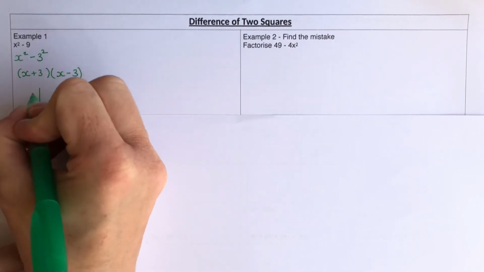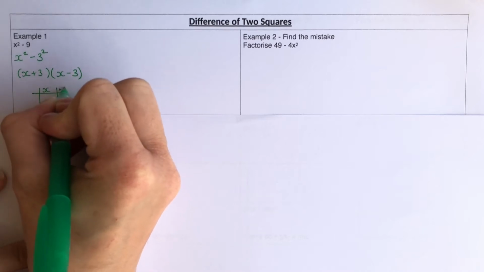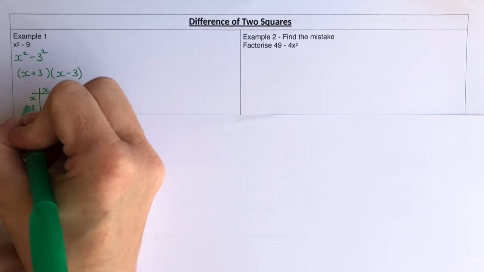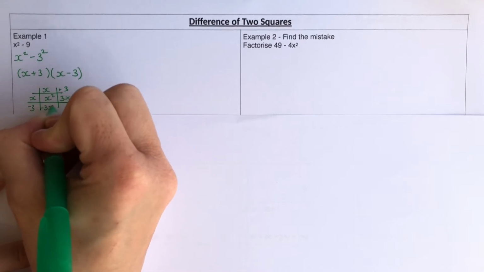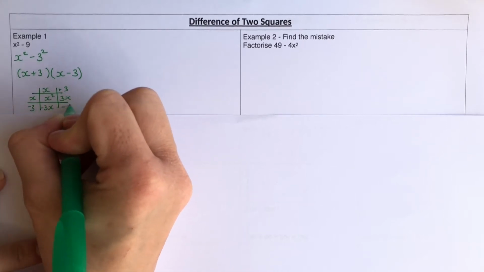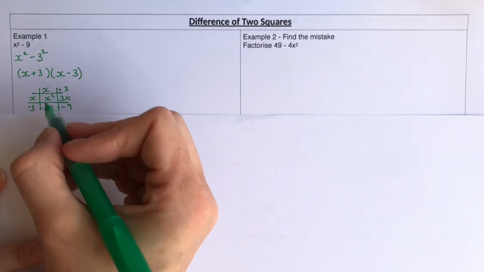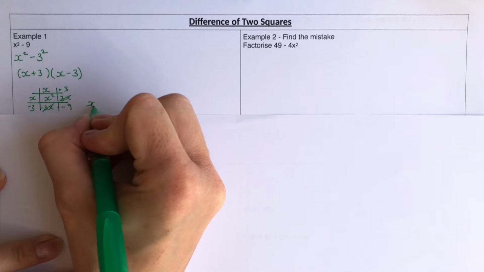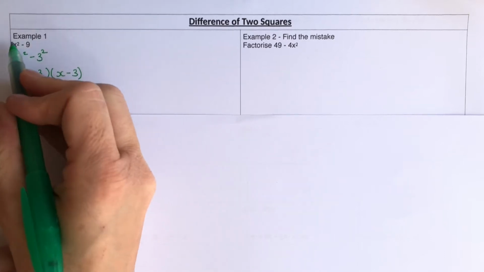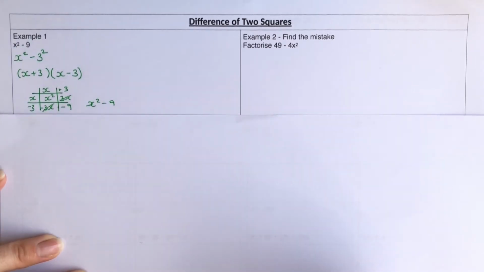We know how to expand a quadratic. So you'd get x, add 3, x minus 3, x squared, 3x minus 3x and minus 9. So what happens is this 3x would cancel out this minus 3x, and you're left with x squared minus 9.